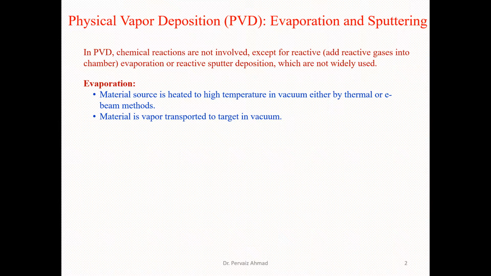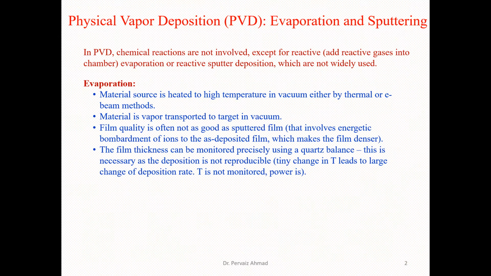In evaporation, the material is vapor transported to the target in vacuum. Film quality is often not as good as sputtered film. You know that we have two types of physical vapor deposition, evaporation and sputtering.